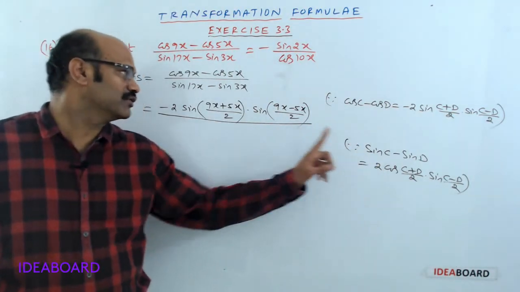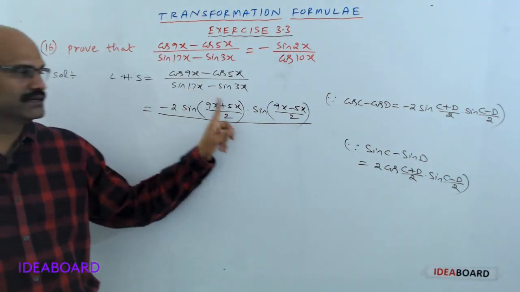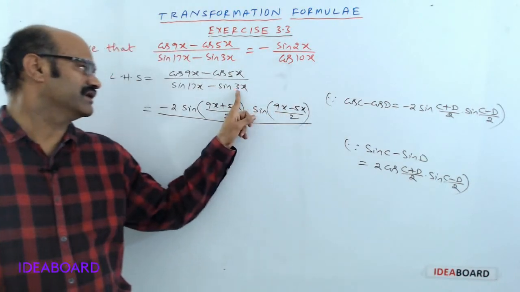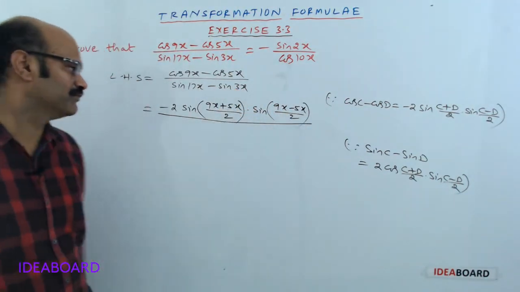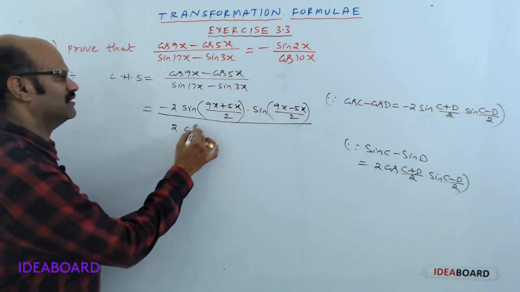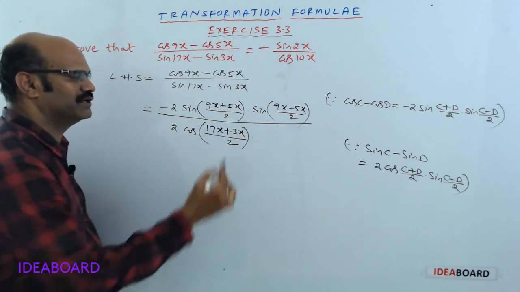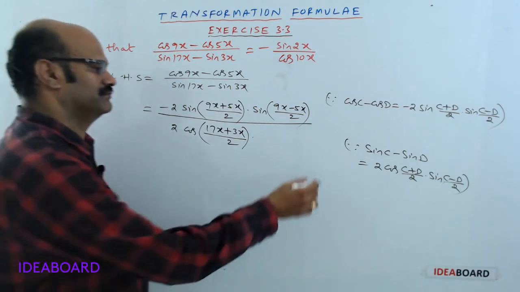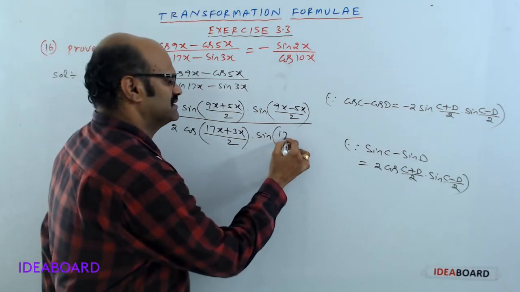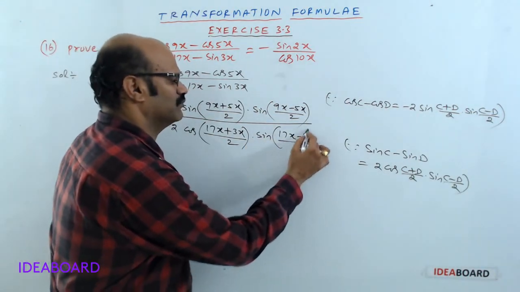Here c equal to 17x, d equal to 3x. So equal to 2 into cos of (17x plus 3x) by 2 into sin of (17x minus 3x) by 2.